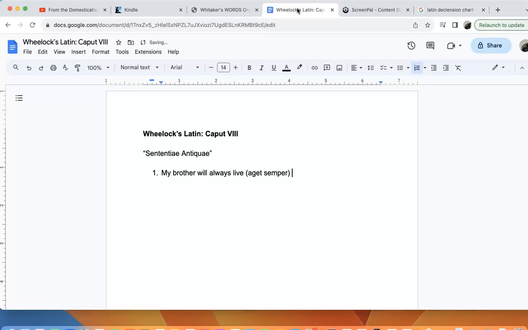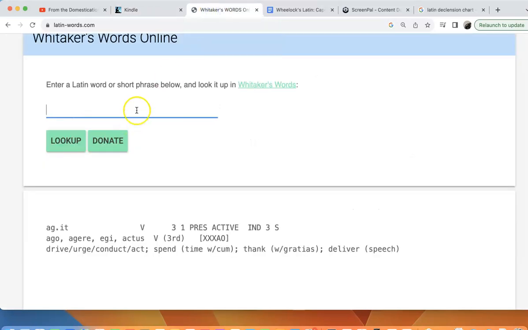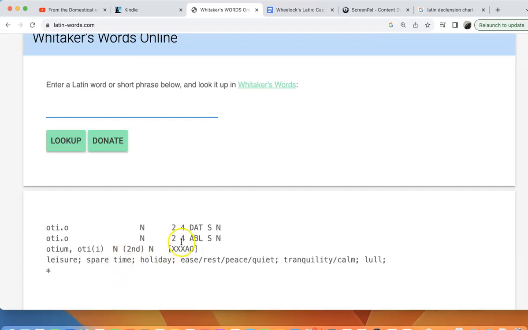Will always live a life of leisure, even though the grammar in the Latin says in leisure, because otio, we do have a word in English, otiose. Again, I think we've had this word before, but this is going to be dative. And so also, I could be ablative as well.